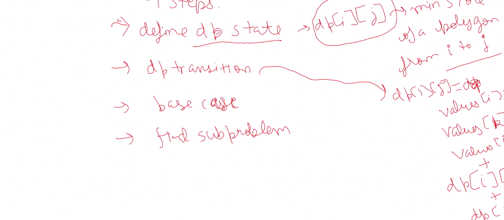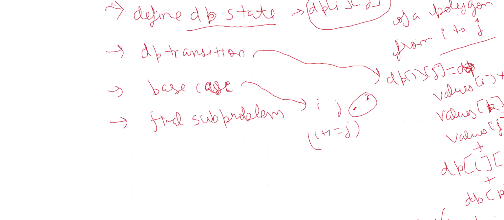Now, what is your base case? Can you have an answer for two points I and j such that I plus 1 is equal to j? I mean two consecutive points. No, you cannot make a triangle. So this will be 0.